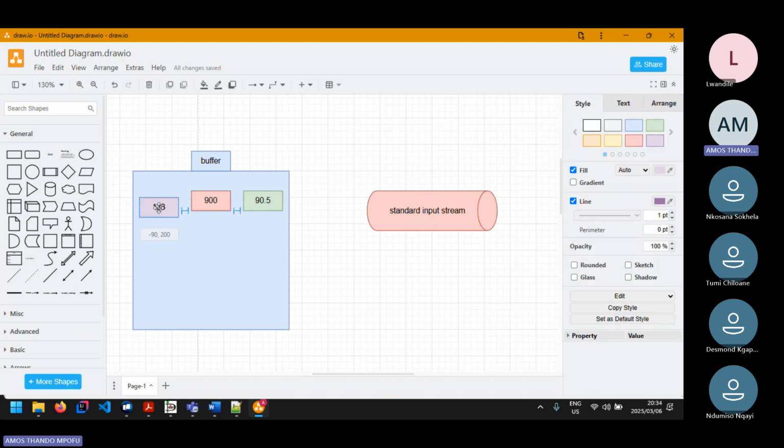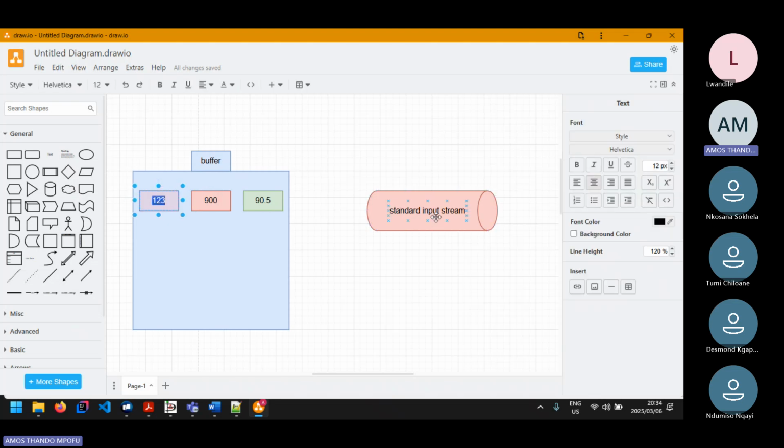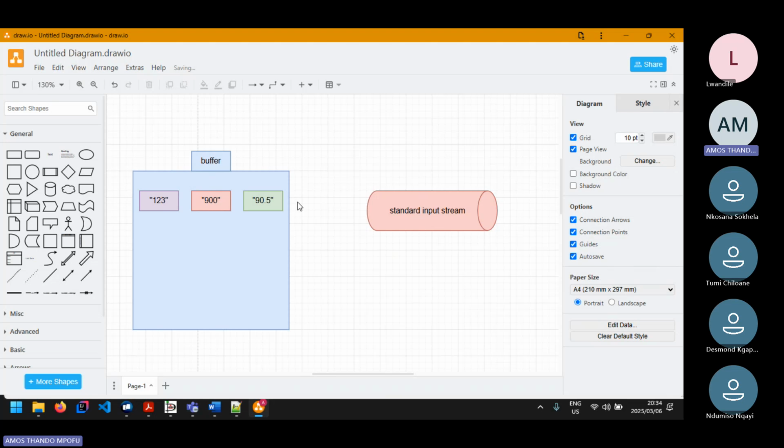Another important thing to understand: everything in the buffer is stored such that C++ thinks all of it is strings. It sees it as a string, even though it's a string that looks like a number. As long as it looks like a number, it can be converted to a number.